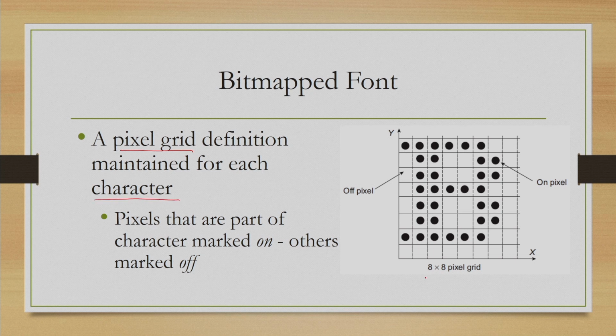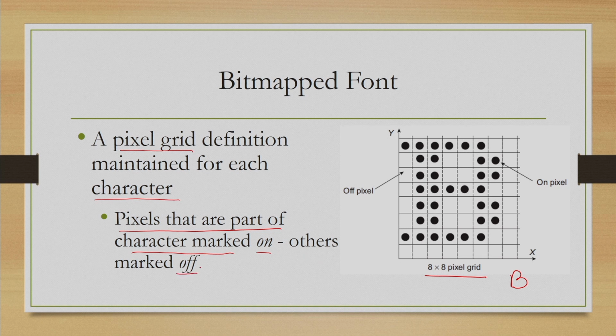For example, consider this 8 by 8 pixel grid, and we can define the grid for capital B, where the pixels that are part of the character are marked on and others are off.